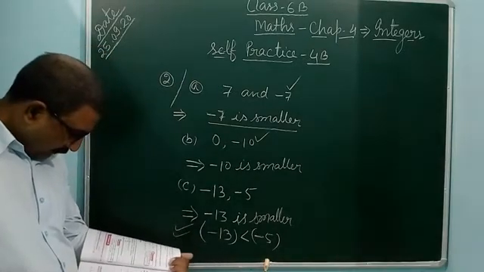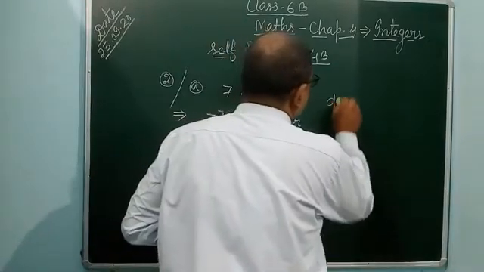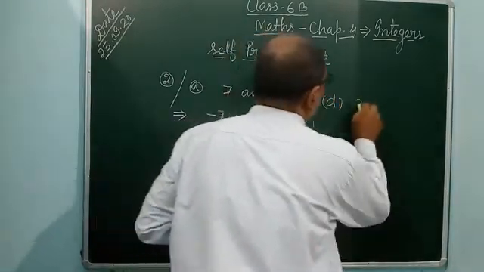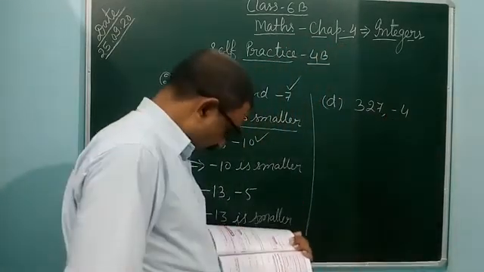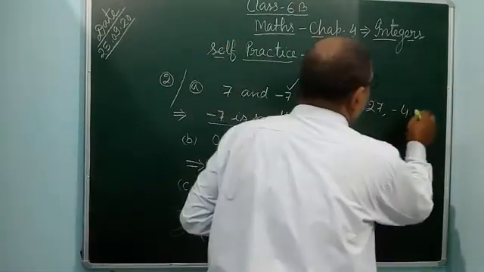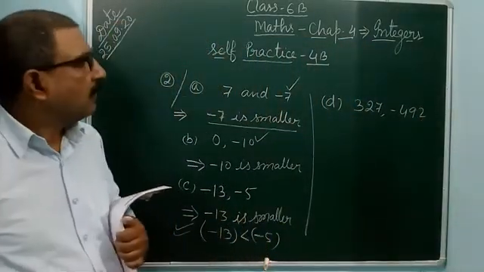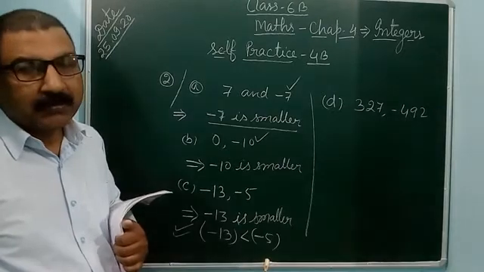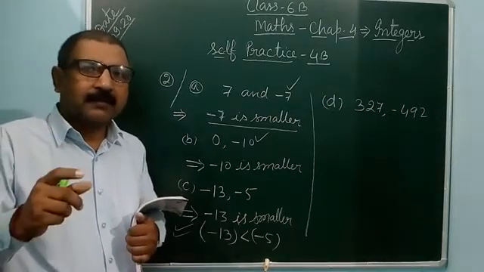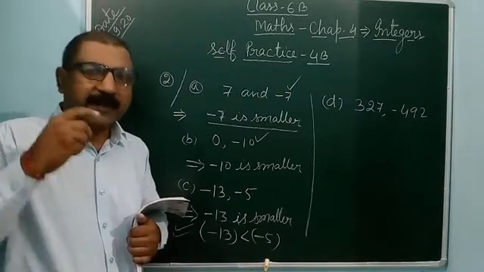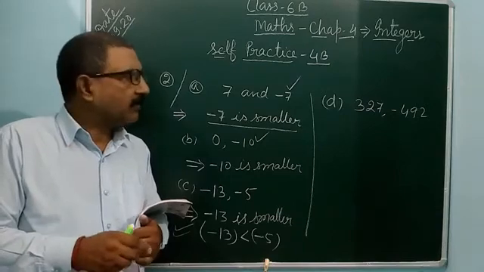Next, Question D: 327 and minus 492. So 327 is a positive integer and minus 492 is a negative integer. The concept is that a negative integer is always less than a positive integer, meaning the value of a negative integer is always less than a positive integer.